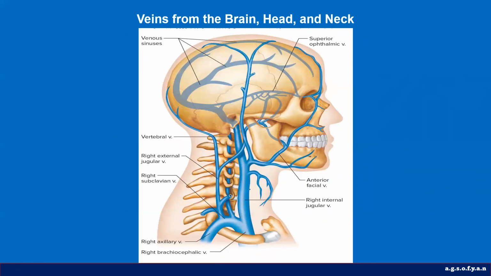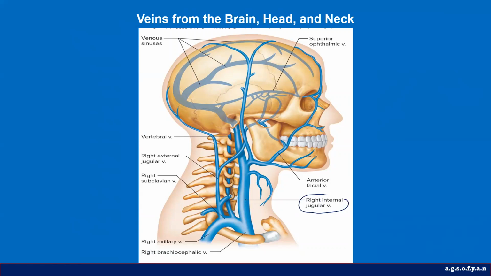This is the venous circulation from the top part of our body, and from the brain, from the head, there will be two big veins that will enter into the brachiocephalic vein. Okay, it's the right internal jugular.